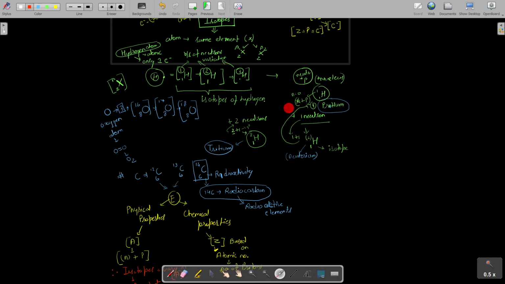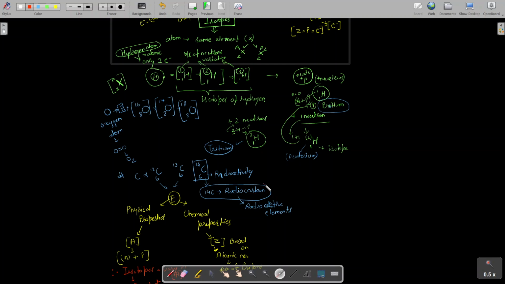Hydrogen is available in the form of isotopes protium, deuterium and tritium. In oxygen, there are a number of isotopes also. And in carbon, we discussed three types of isotopes, in which one is a radioactive element known as radiocarbon.